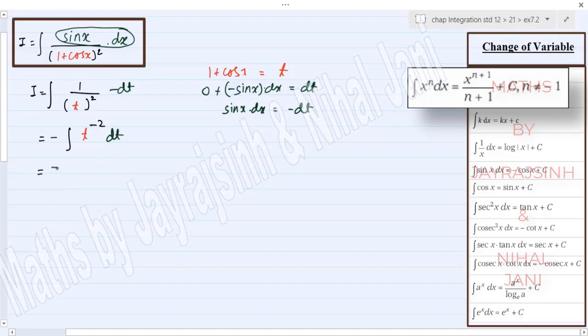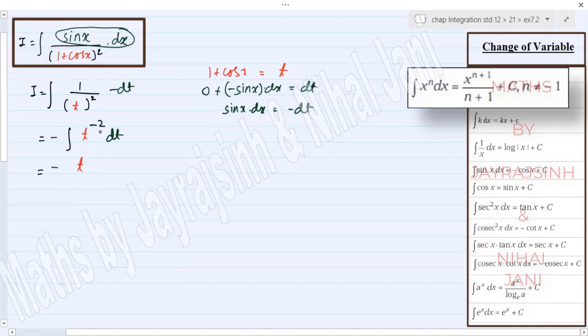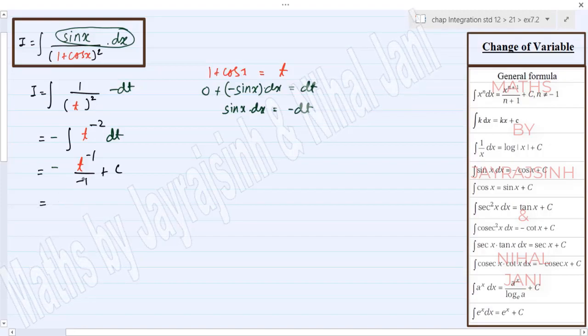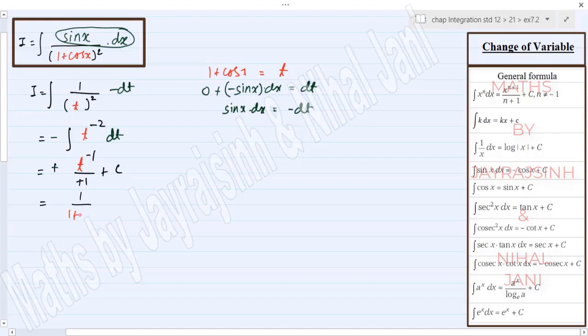So minus integration of t raised to minus 2, t raised to minus 1 upon minus 1 plus c. In further simplification, minus 1 into t raised to minus 1, or we can say 1 upon t, or we can say 1 upon 1 plus cos x plus c is your final answer. Ta-da!